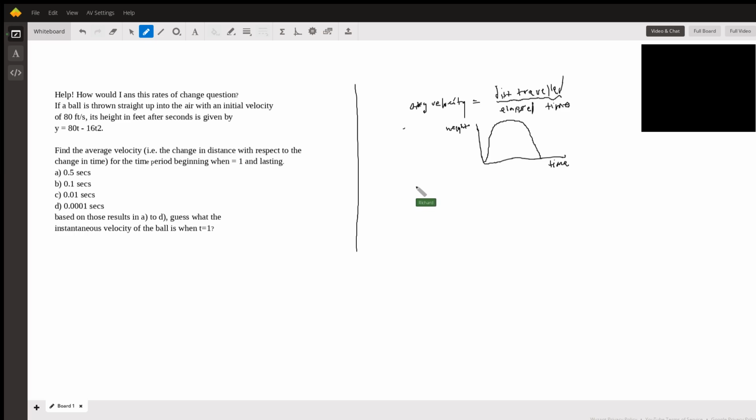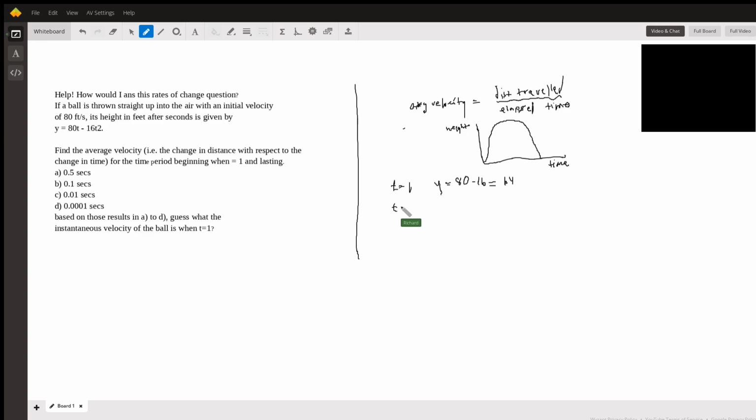Okay, so what we're going to do is find the distance at time 1. So at t equals 1, y is going to be 80 minus 16, which is 64.